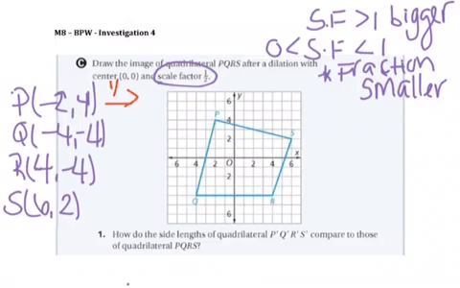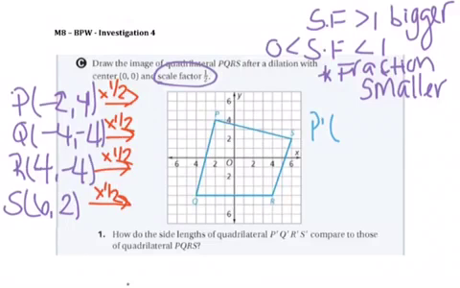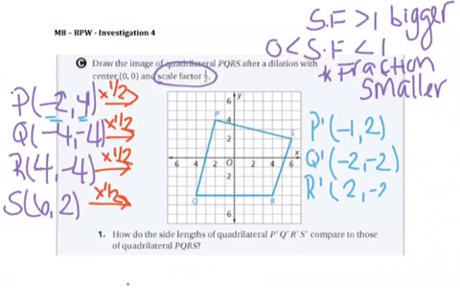Now I'm going to apply the scale factor of 1/2 to all of these. All you ask yourself is, what is 1/2 of -2, 4? Half of -2 is -1. Half of 4 is 2. For Q prime, half of -4 is -2, so it'll be -2, -2. R prime would be 2, -2. And S prime is going to be 3, 1.